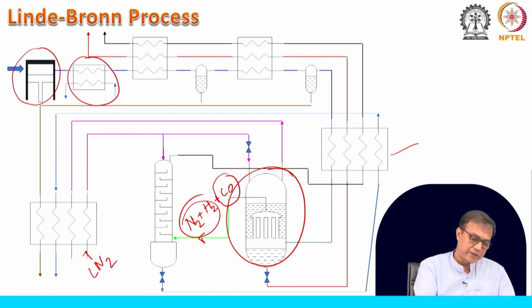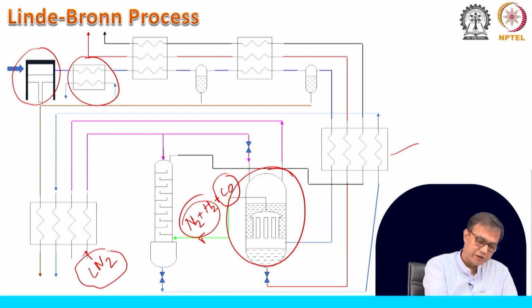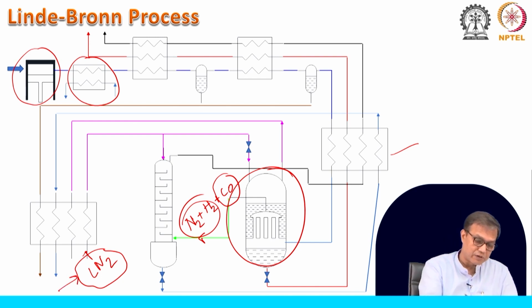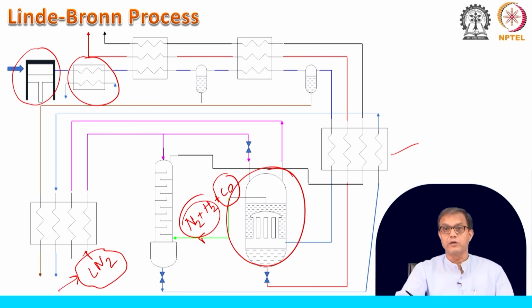But the main idea is that we have a coolant, which is not an ordinary thing that is available, and when it is needed in bulk quantity, we have to look for an air separation process. So, from the cryogenic air separation process, we get this liquid nitrogen, and that liquid nitrogen will supply the necessary refrigeration in this process.